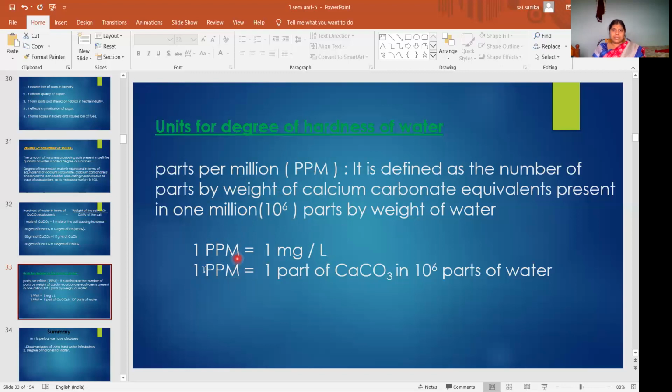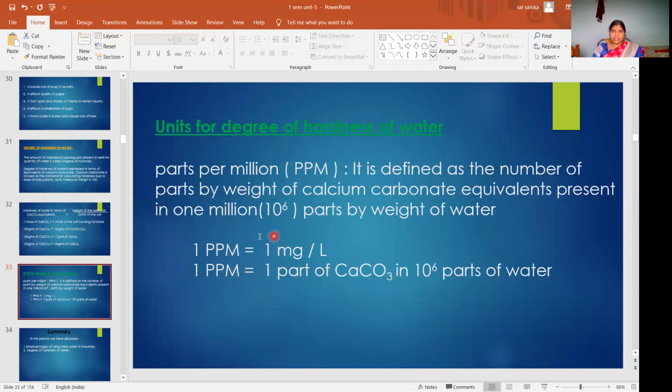Okay, 1 ppm is nothing but 1 part of CaCO3 in 10 to the power of 6 parts of water. So 1 part of calcium carbonate equivalents present in 1 million parts of water. Similarly, 1 mg per liter means 1 milligram of CaCO3 equivalents present in 1 liter of water. And 1 ppm is equal to 1 mg per liter. Different degrees are also used: degree Clark and degree French, which are also degrees of hardness of water.